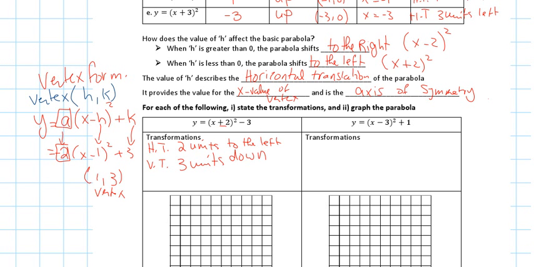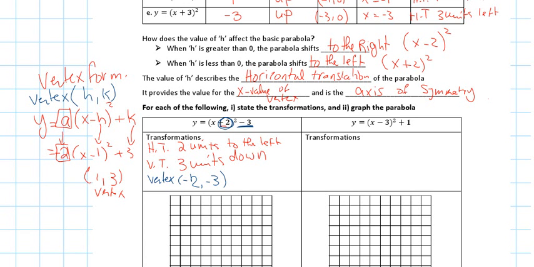This is why I used H and K, because in the formula, they're H and K. Okay? So, what's your vertex here? Negative 2, because it's opposite to what you see, and negative 3.